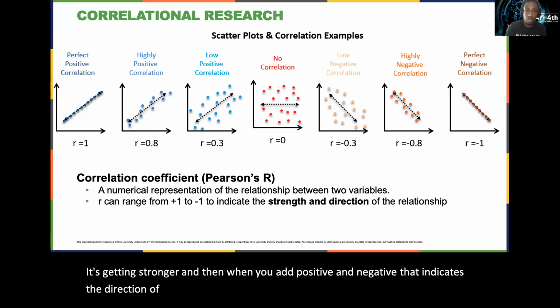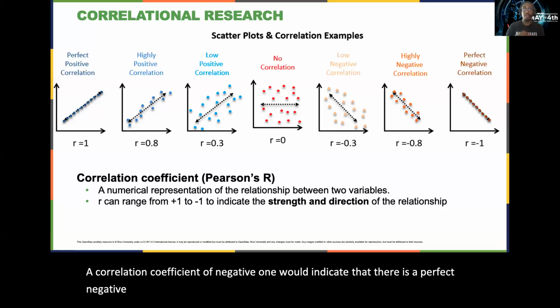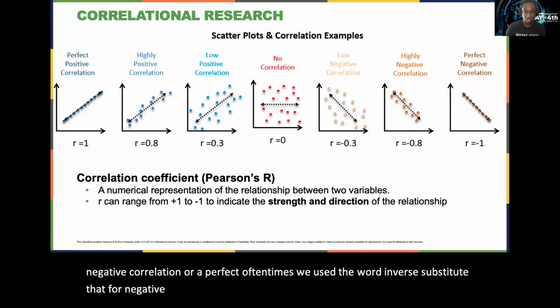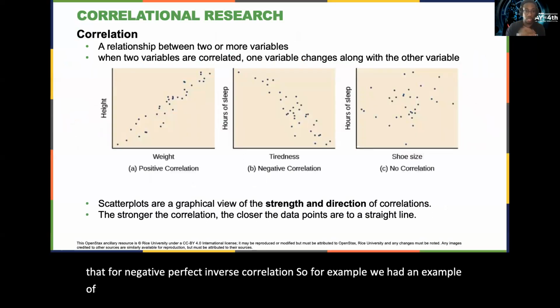So for example, a correlation coefficient of -1 would indicate a perfect negative correlation, or oftentimes we use the word inverse and substitute that for negative, a perfect inverse correlation. An example of a negative or inverse correlation would be hours of sleep and tiredness.